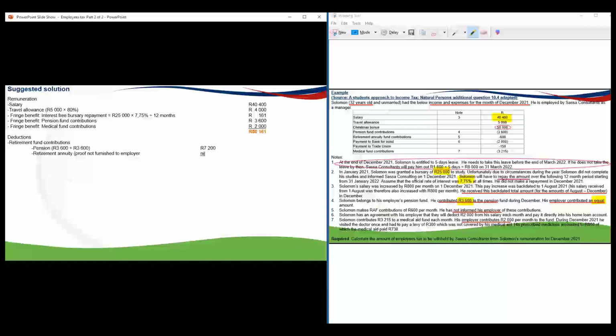So if we then look at note 5, it says that Solomon makes retirement annuity fund contributions, but he has not informed his employer of these contributions. Remember, when the employer deducts or makes their calculation of employees' tax, if they are not aware of this information, they will obviously not take it into consideration. Hence, we have then an amount of nil there because they are not aware of this information and therefore they cannot use it.